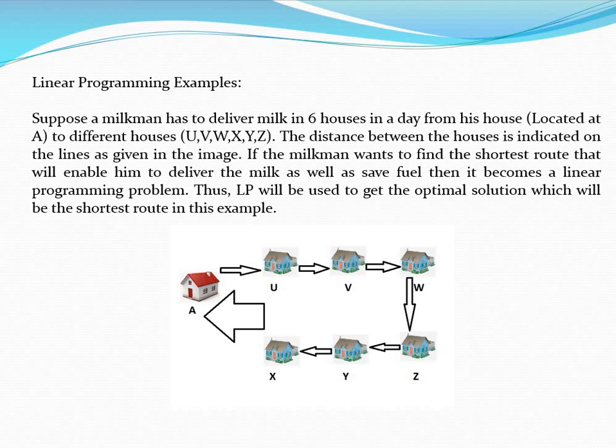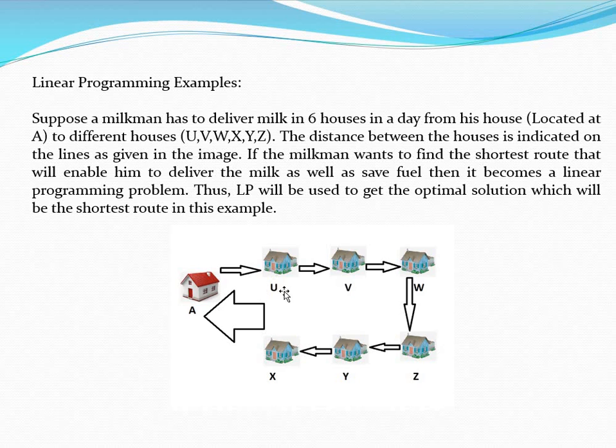For example, the directions we have shown here are already the final outcome. It is the solution. But let us assume that the milkman starts at his house, first delivers the milk to U, then Z, then W, then X, then V, then Y. In this way he will consume more time and more fuel.